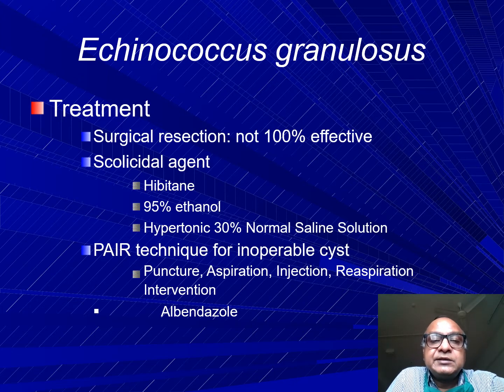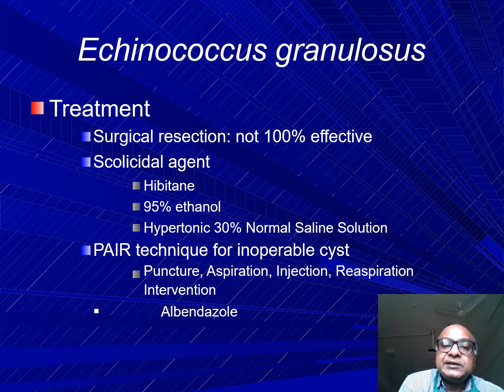Scolicidal agents, Hibitane, 95% ethanol or hypertonic normal saline can be used, or the PAIR technique can be used when the cyst is inoperable, by puncturing, aspirating and injecting drug and respiration intervention are done.